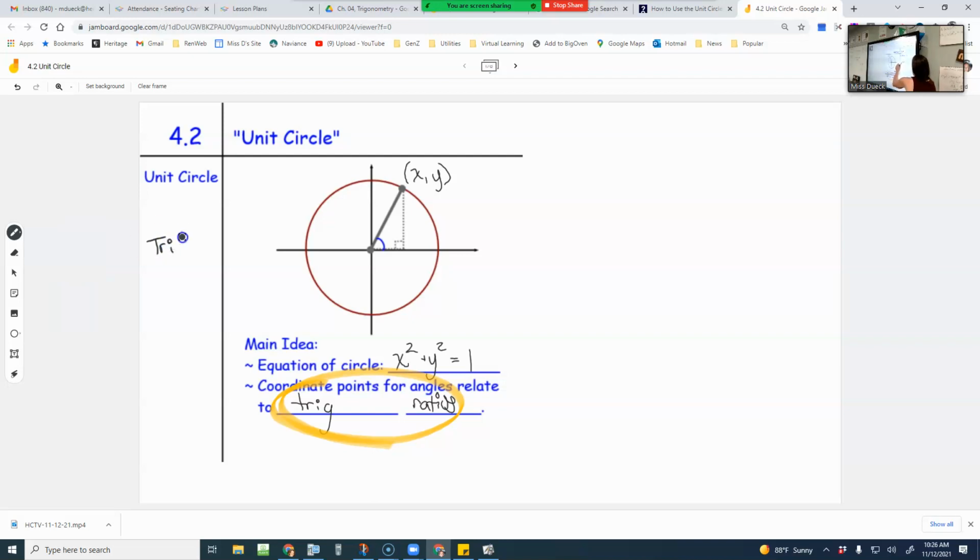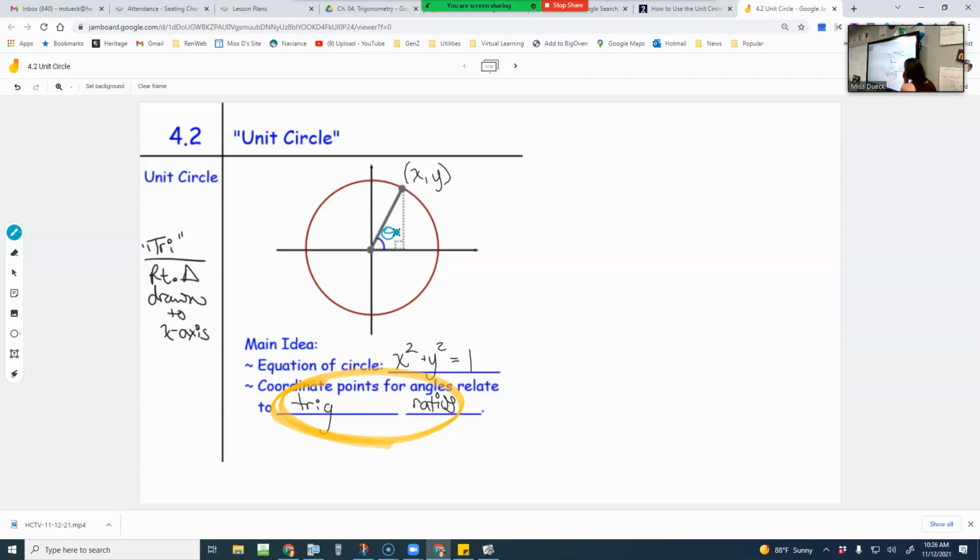Trigonometry, you caught it in the sense of try: we're talking about a right triangle. So a right triangle can be drawn from any angle to the x-axis, which means either from the angle down to the x-axis or the angle up to the x-axis. And that angle on the inside is seen as theta.